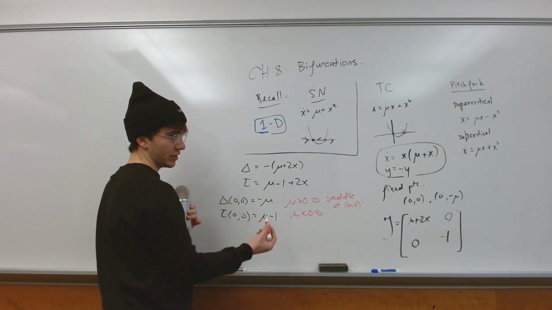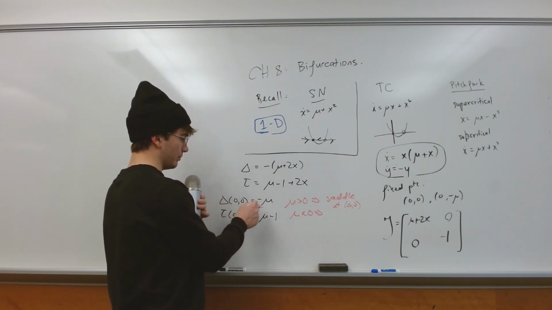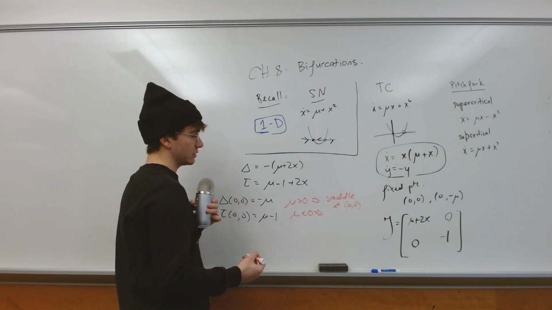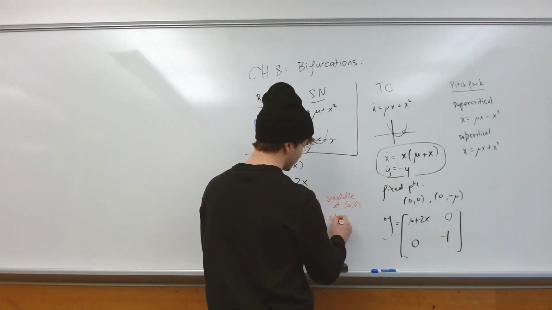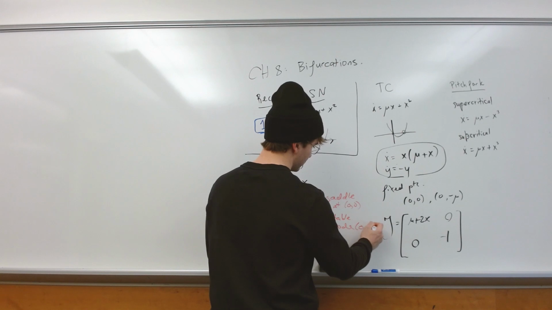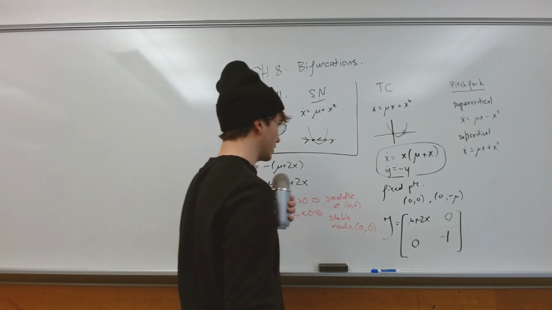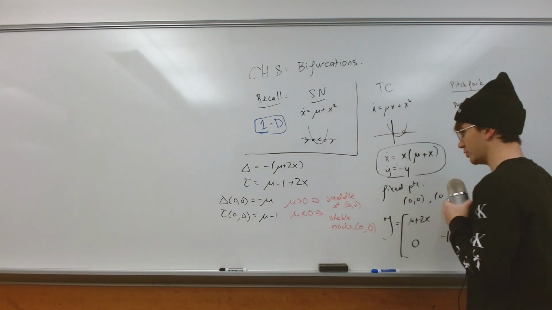Mu is negative, so mu minus 1 has to be negative. And so we're going to have negative trace and positive determinant. So that will give us a stable node at 0, 0.